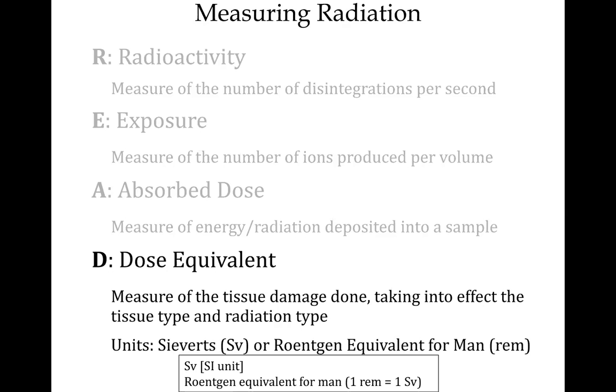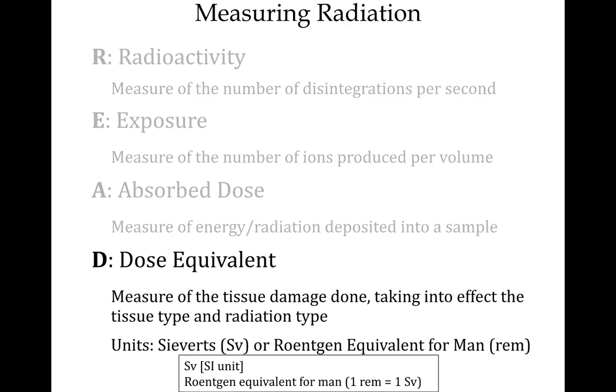So is it skin with alpha particles? Is it bone with beta? Is it bone with gamma? So on and so forth, okay? And the SI units for this are sieverts, but we also look at Roentgen equivalent for man, or REMs, okay? I think those were the units in that chart that I showed at the very beginning.